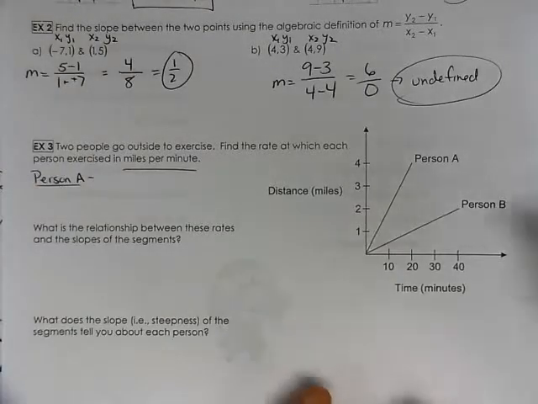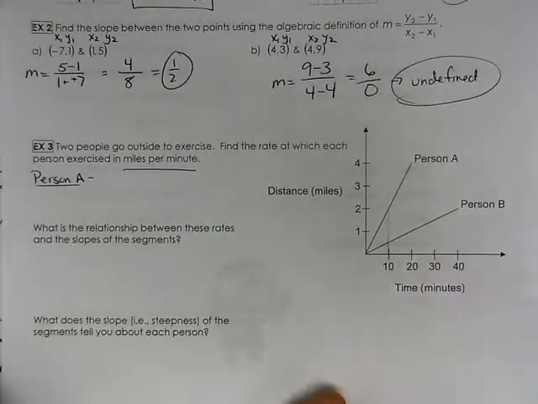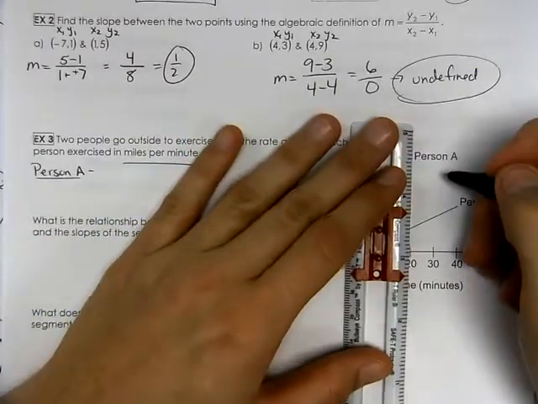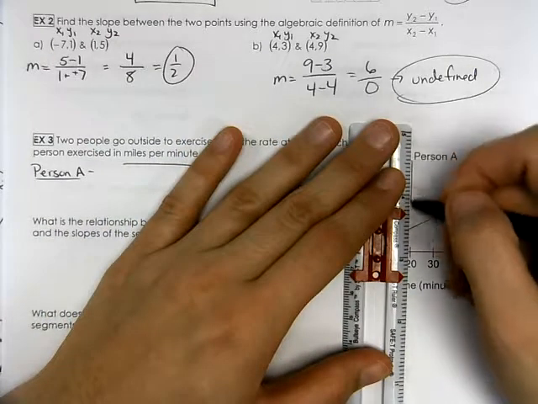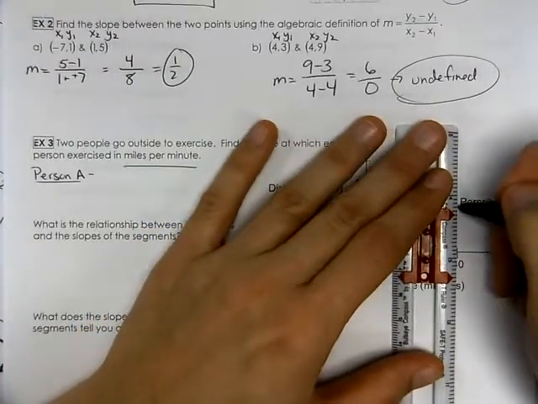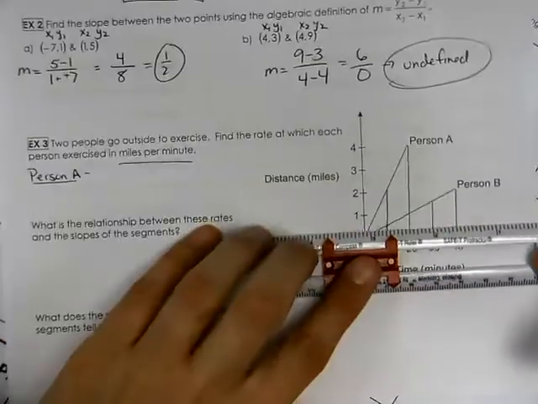It's kind of hard to see. But person A, here's kind of what the scale should look like.